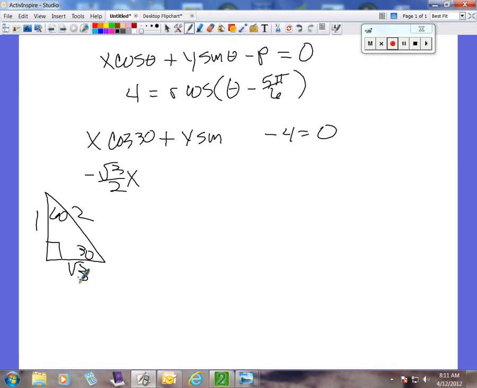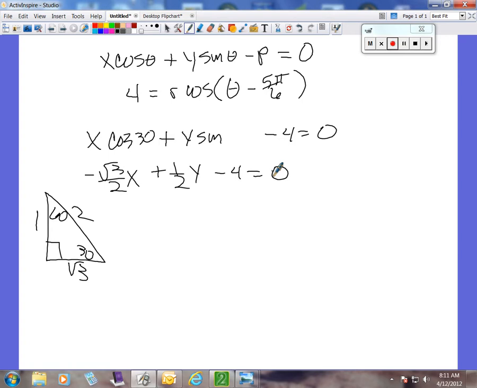All right, what's the sine of 30 going to be? 1/2, and it's positive, isn't it, in the second quadrant? So that'll be plus 1/2. How many got this so far? Okay, and then you know how to clear the fractions, and you'll have your final answer.